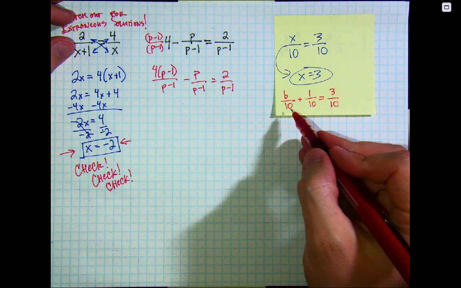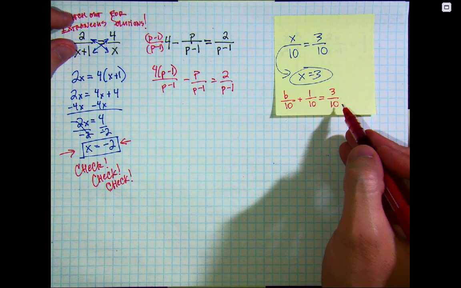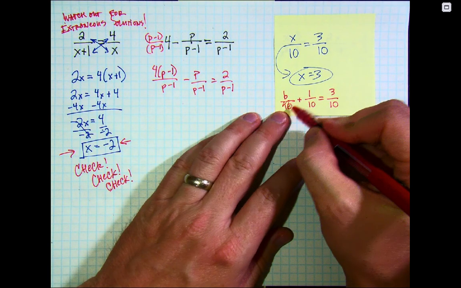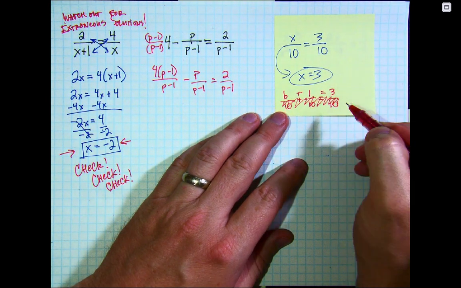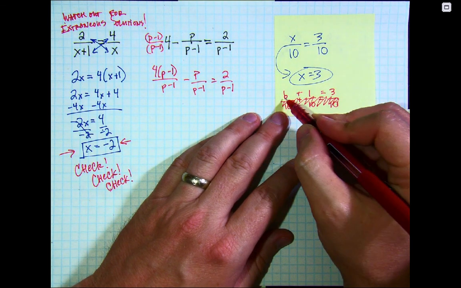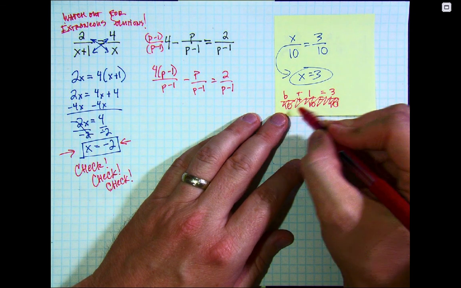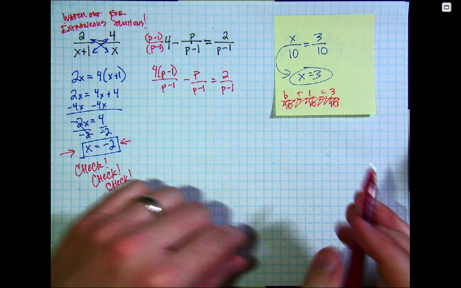Since they're all tenths, can't I just basically say b plus 1 equals 3? Yeah. b equals 2, doesn't it? 2 tenths plus 1 tenth equals 3 tenths. So can I do the same thing here?